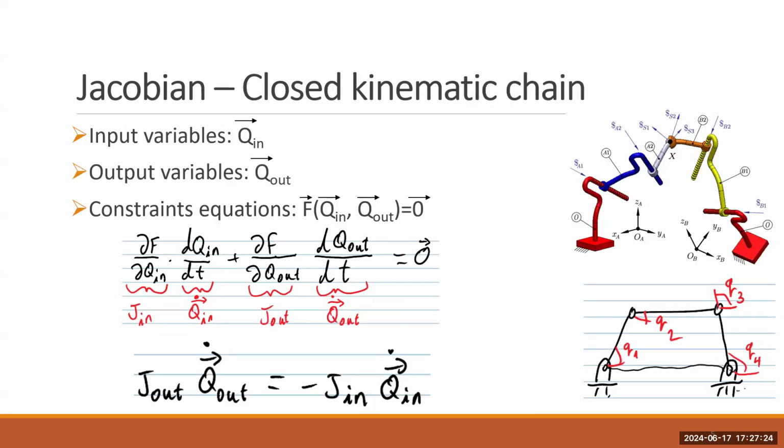We have the input variables Q in, the output variables Q out, and we have the constraint equation now, which is f of Q in and Q out equals 0. So it's a little different because we cannot write Q out as a function of Q in, and we need to do something else.